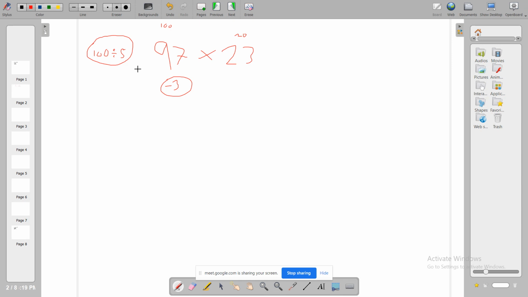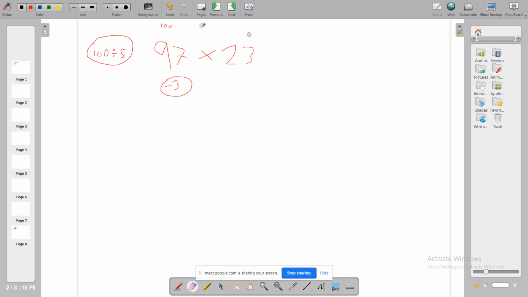Now you come to this side. This is 20, so 100 divided by 5 gives us the 20. 20 is also less than 23 by 3, so it means that we will go up, right? Will you go up or down? Up.